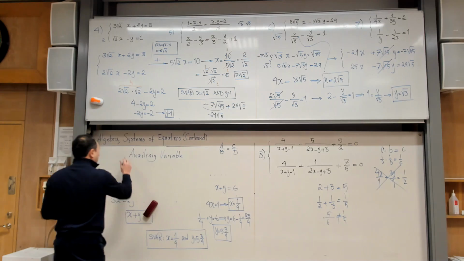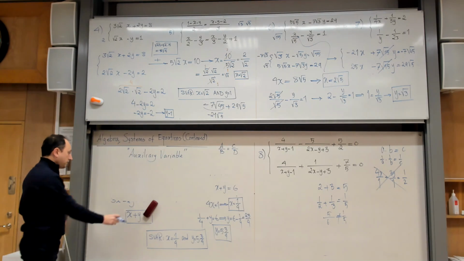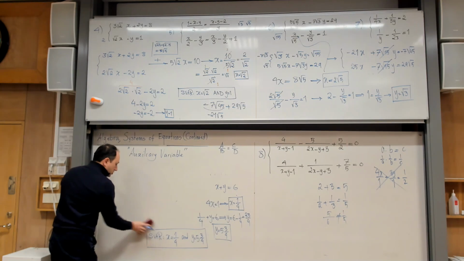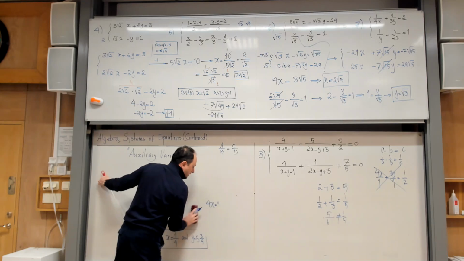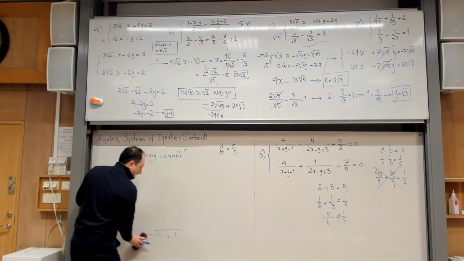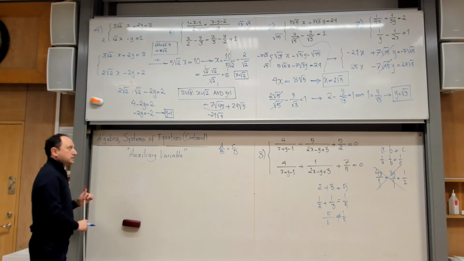This trick appears in a lot of places to simplify things for you. I will teach you this now, not because this is a new lesson. The lesson of systems is finished. I am improving your problem solving skills.